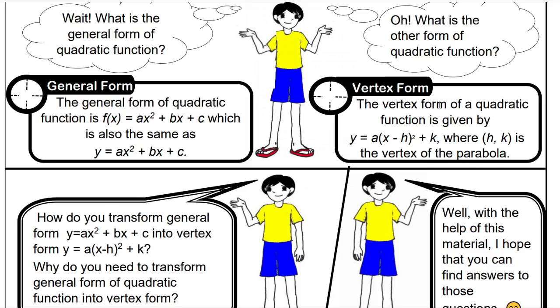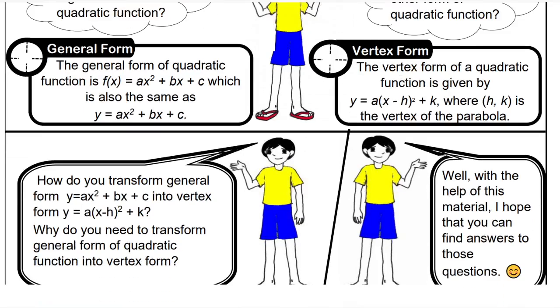The vertex form of a quadratic function is given by y equals a times the quantity x minus h squared plus k, where the point h, k is the vertex of the parabola. What is a vertex? Vertex is the turning point of the curve or of the parabola.